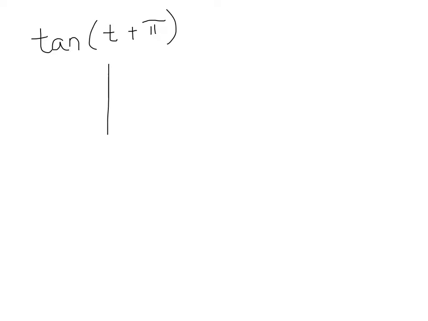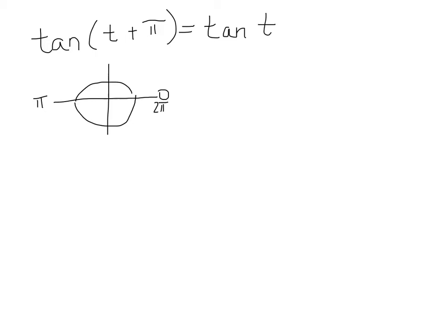Like on the circle, when we start here, this is 1 pi, 2 pi. So it keeps repeating every pi units. But it doesn't matter if you go more than half of the circle, it always puts you back at tangent of your original angle.